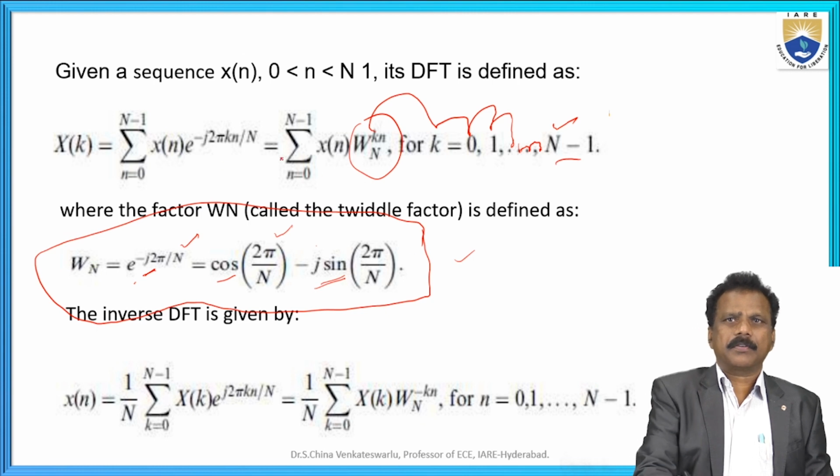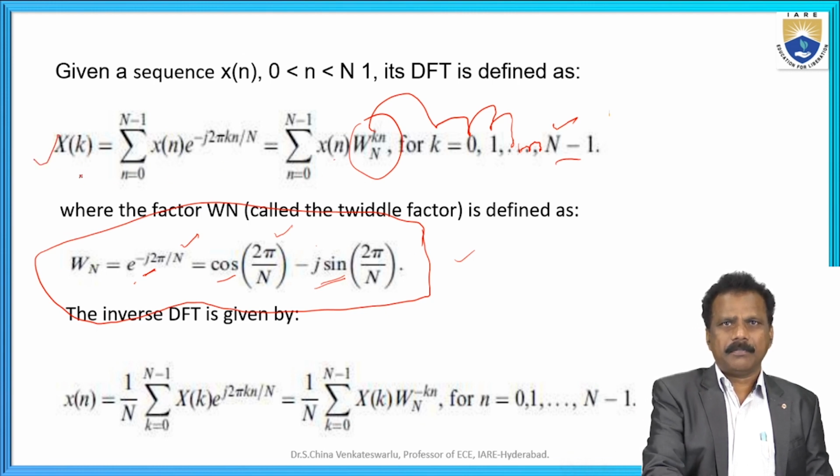This is the DFT, the discrete Fourier transform, and there is an inverse of this, x(n).